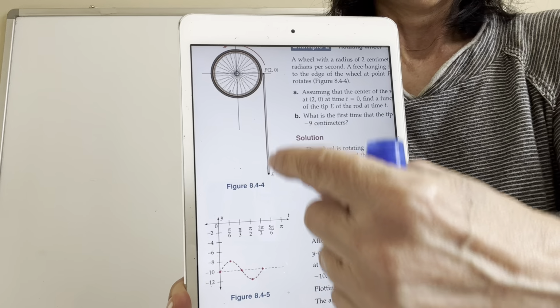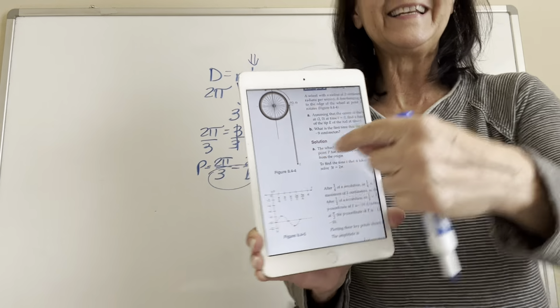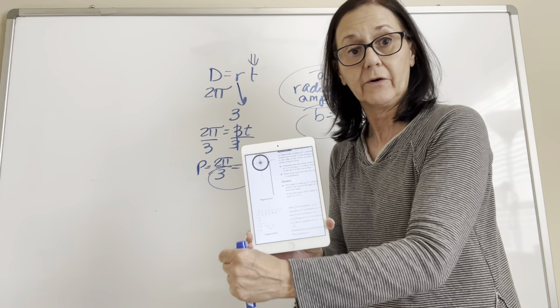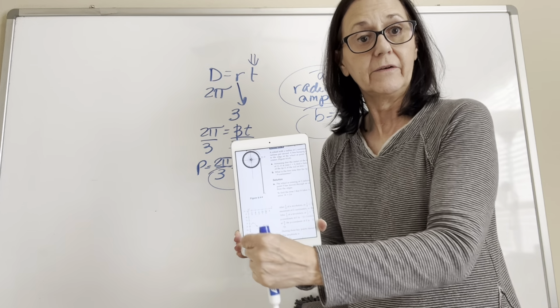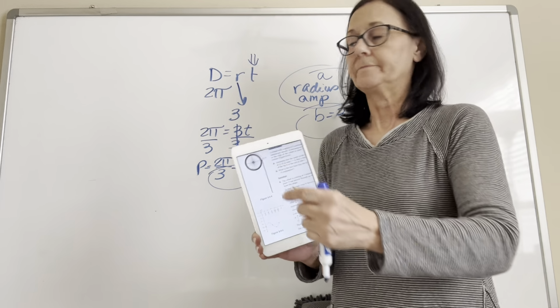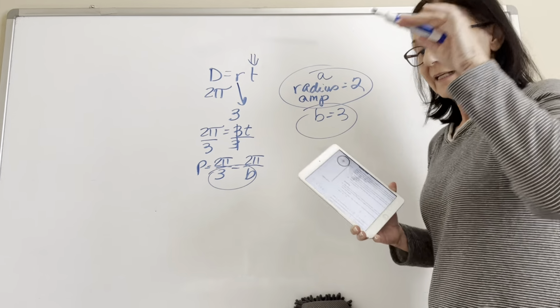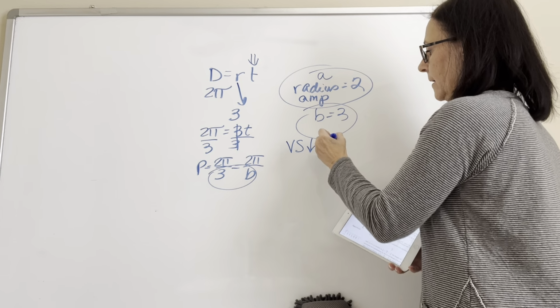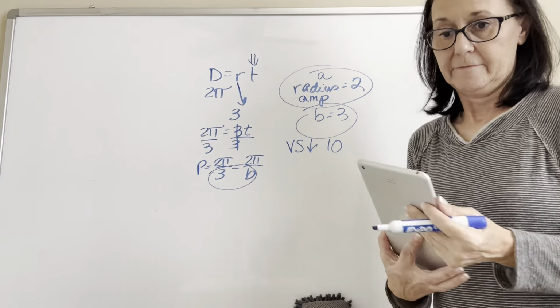So that's a vertical shift down. That's where our movement is going to be in that rod. It's going to go round and round. That rod is literally going to make a circle, right? So that's a vertical shift down by 10.